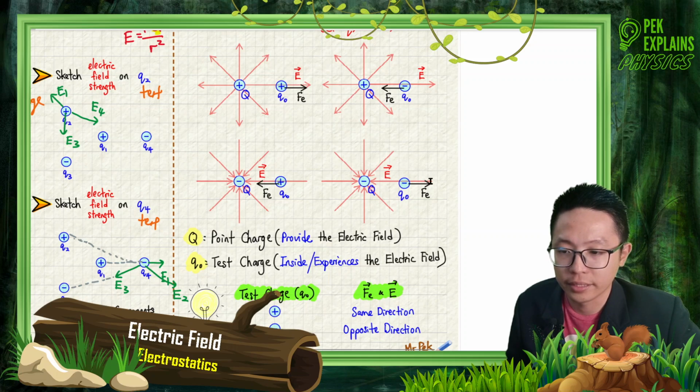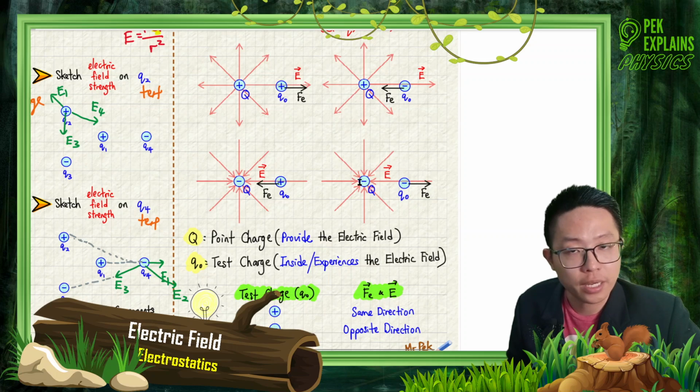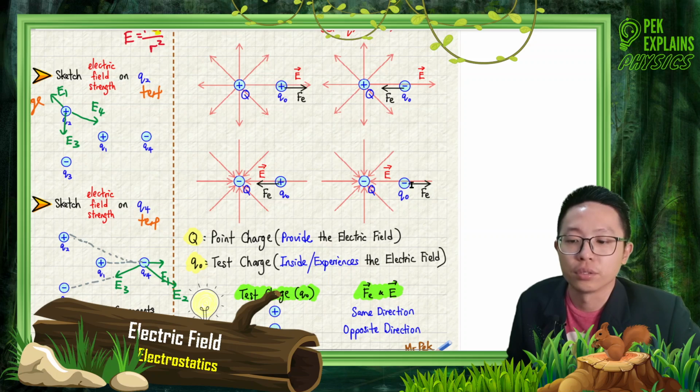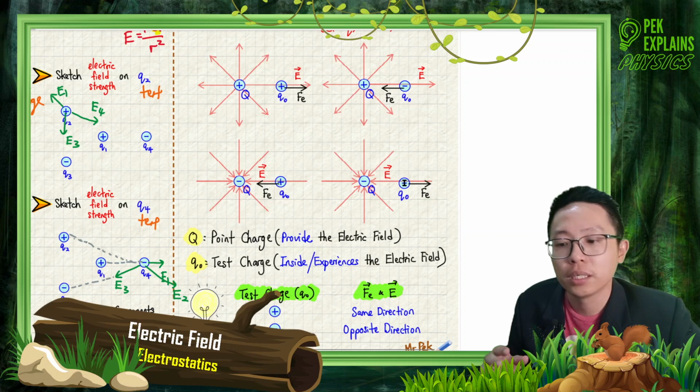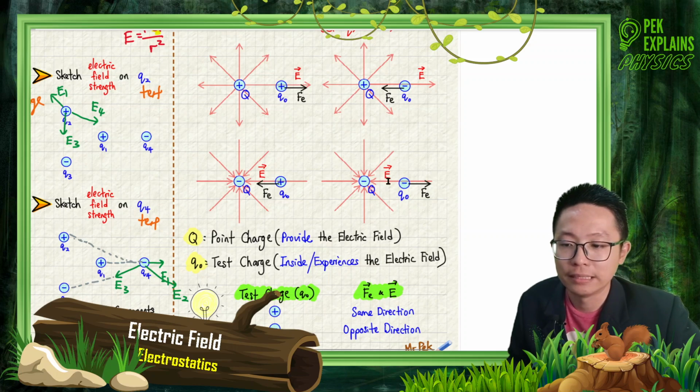But the electric field experienced by the test charge is provided by the point charge. This is a negative point charge, so the electric field is towards the negative point charge. So the electric field is to the left. You see that? The electric field only looks at the point charge.